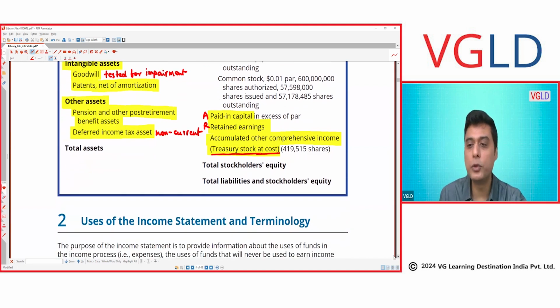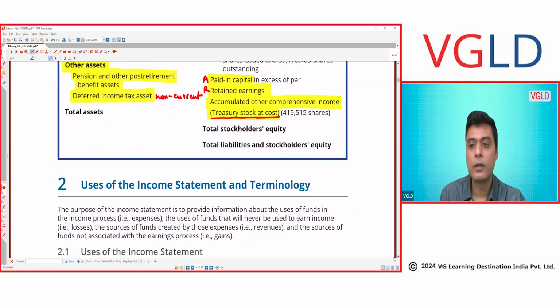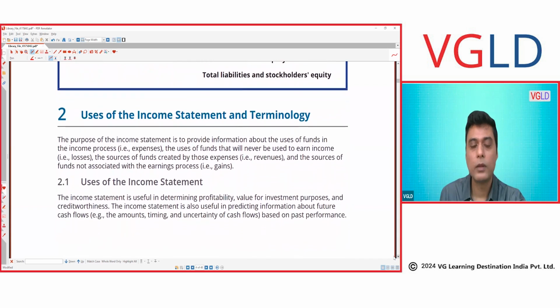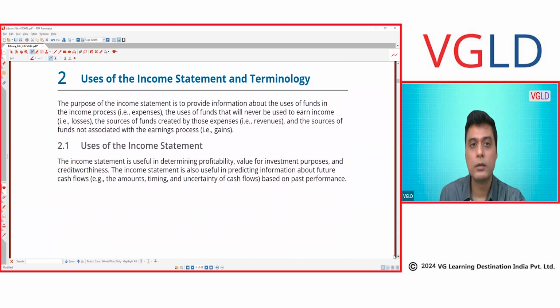Okay, so now let's move to the income statement. Uses of the income statement and terminology. The purpose of the income statement is to provide information about the uses of funds in the income process, that is the expenses, and the uses of funds that will never be used to earn income, that is losses.